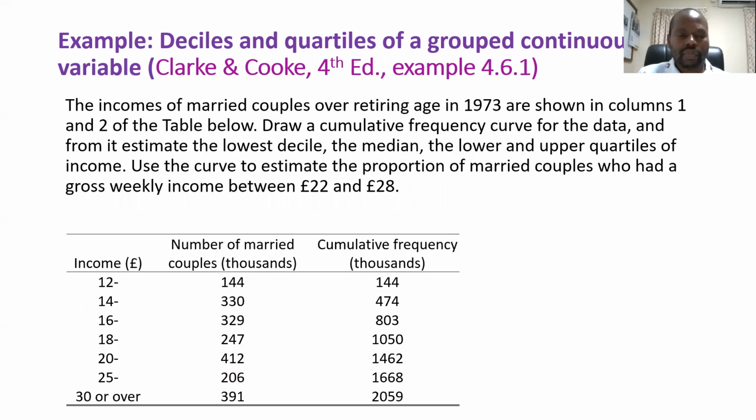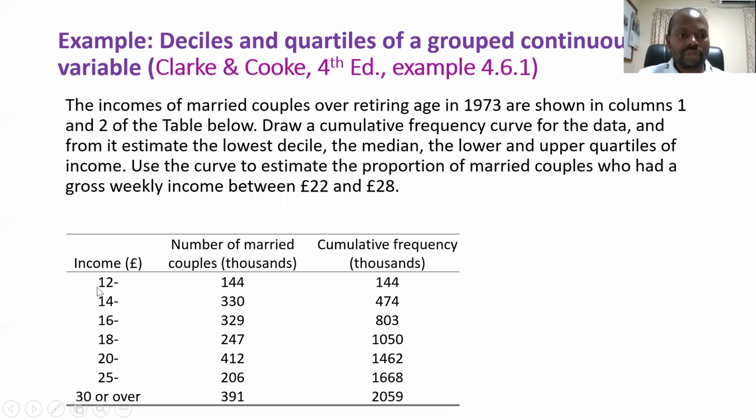For example, the upper end point for the interval 12 to below 14 is not 14 itself, but somewhere very close to 14, for example 13.999999. In this case, we conveniently take 13.99 as the upper end point for the interval 12 to below 14.